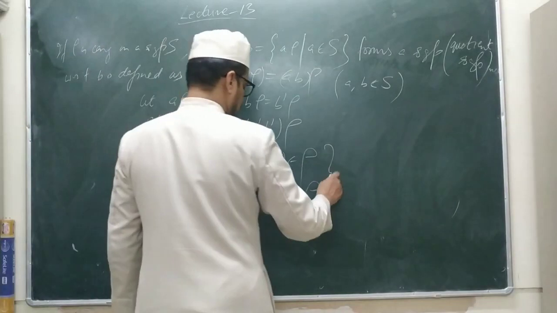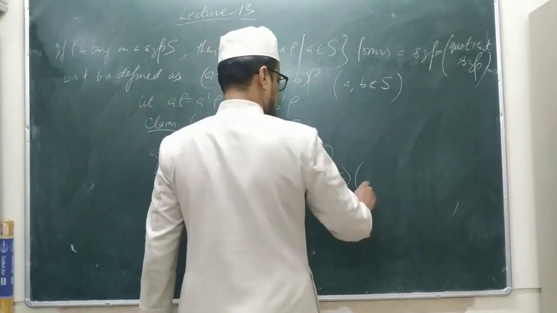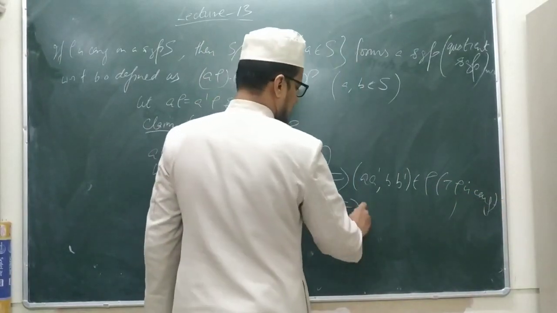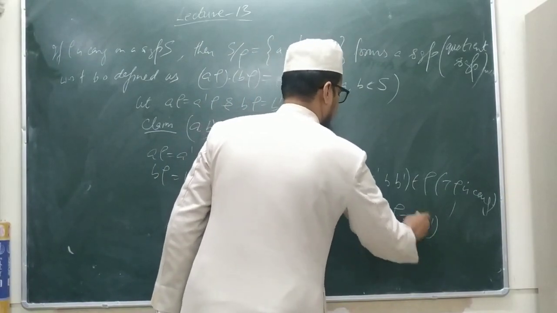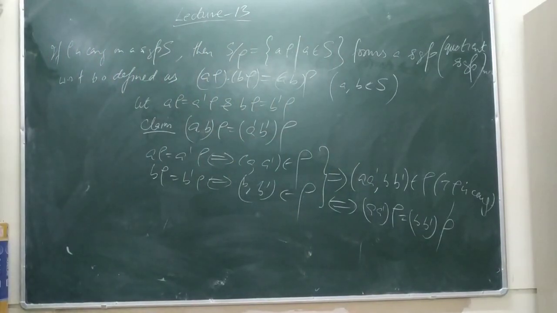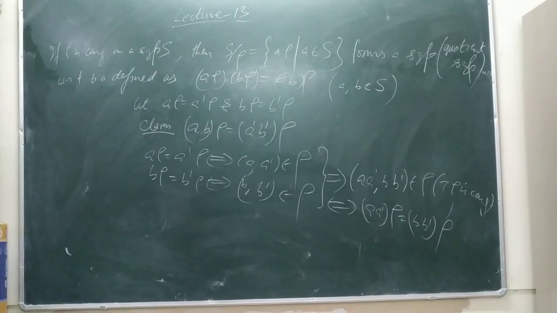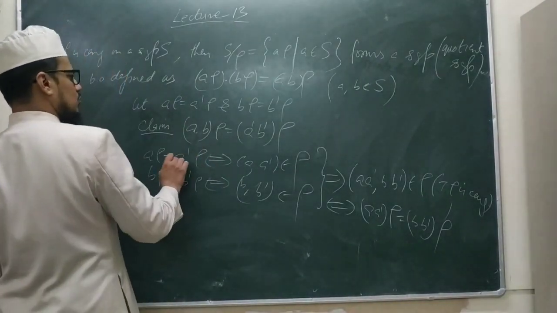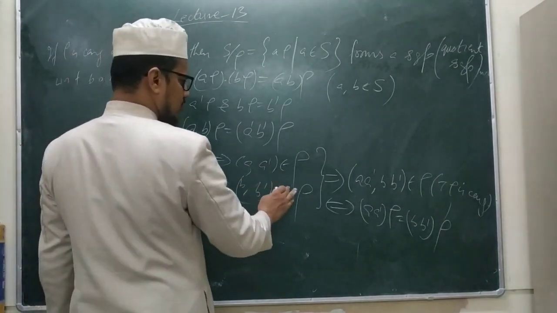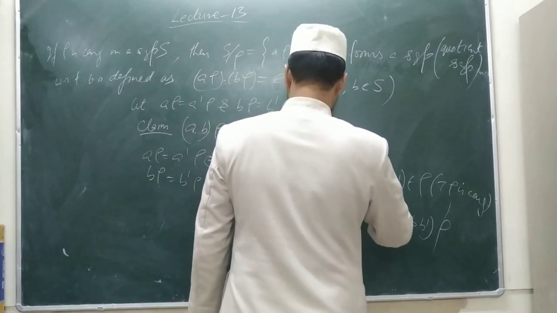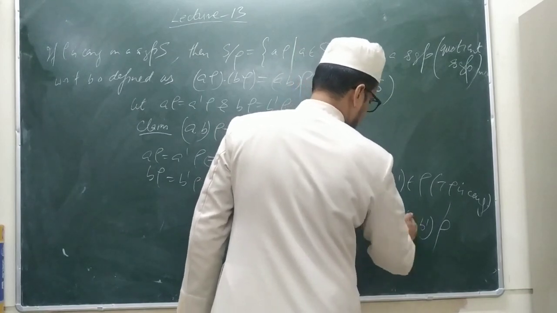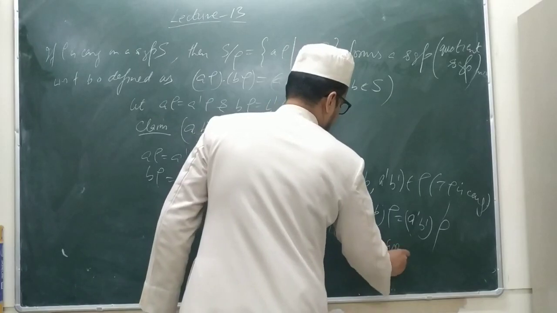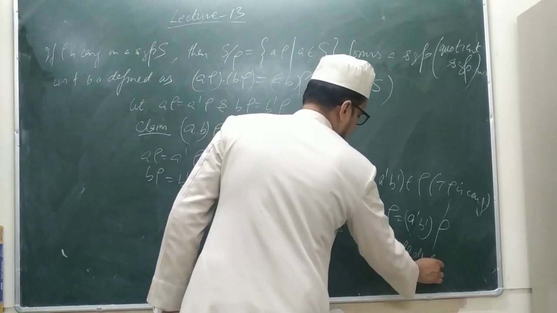Now (a, a') belongs to rho and (b, b') belongs to rho, and since rho is a congruence, (ab, a'b') belongs to rho. It implies that (ab) rho = (a'b') rho. That is, the binary operation is well defined.